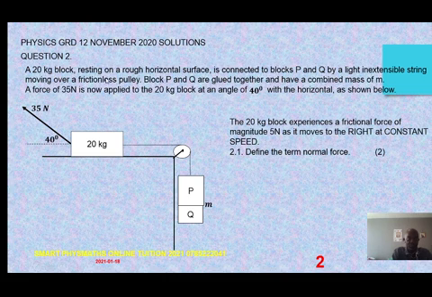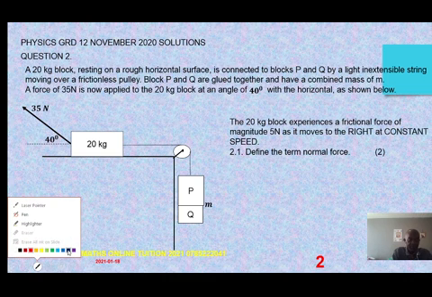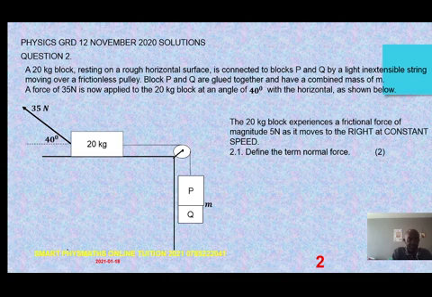So question 2 is saying that a block of 20 kilogram mass resting on a rough horizontal surface is connected to blocks P and Q by a light inextensible string moving over a frictionless pulley.